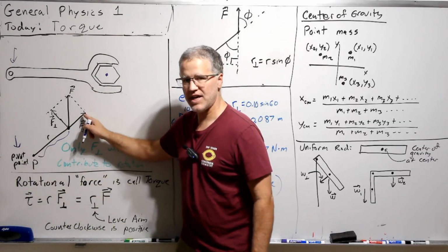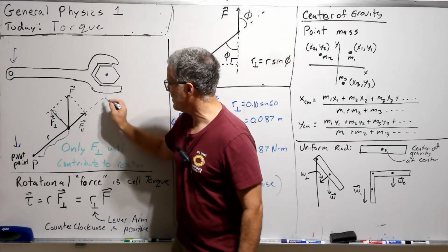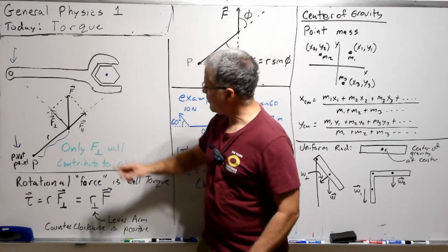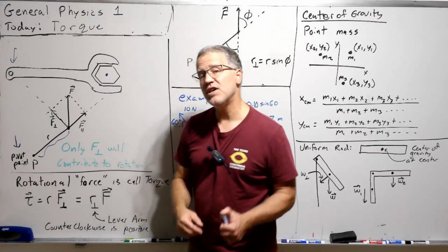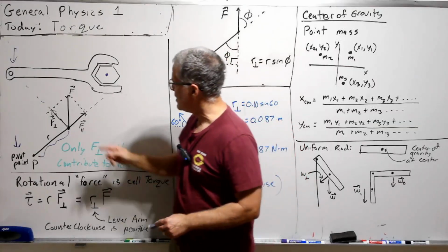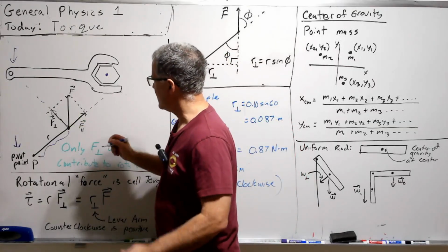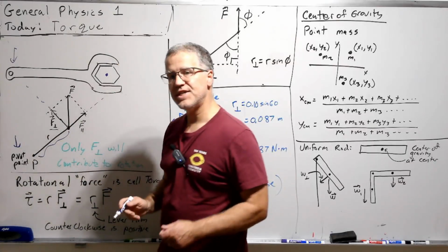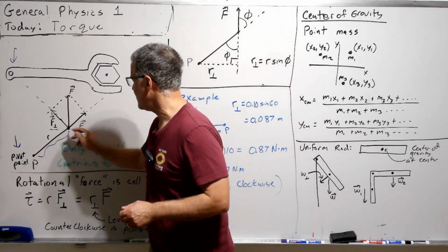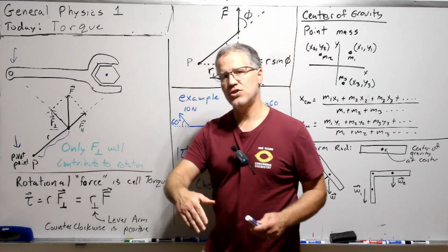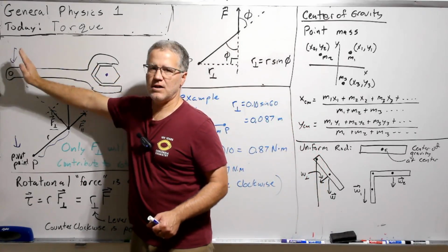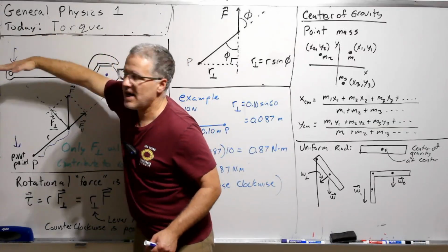We extend this line out this way, and then we draw a perpendicular as well, and we figure out the components of this general force: the force in the direction perpendicular to this arm and parallel to this arm.